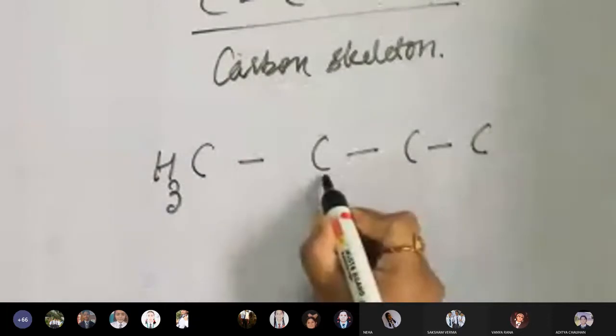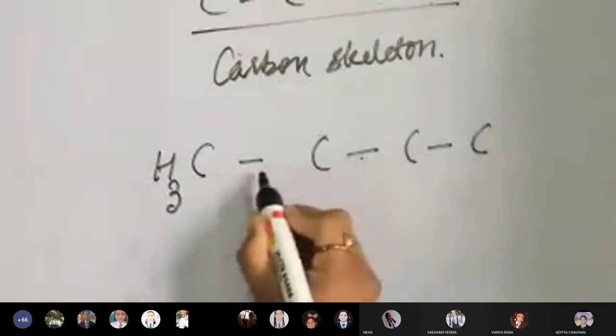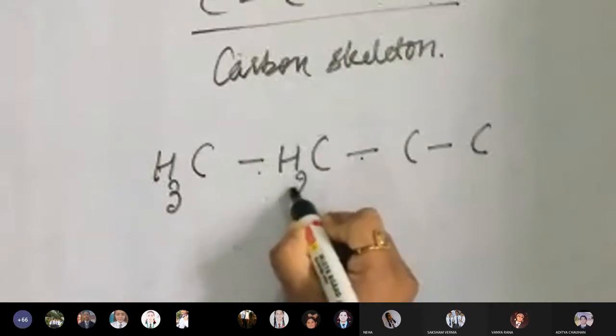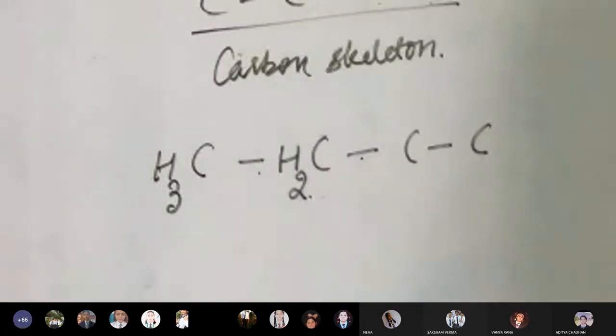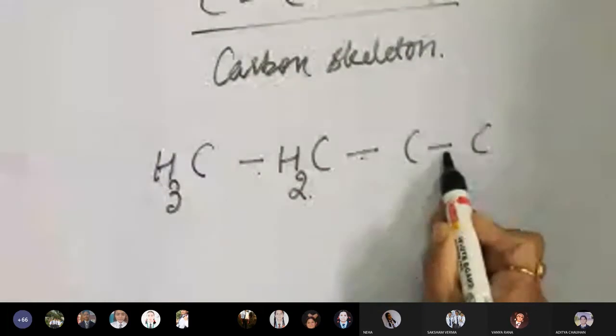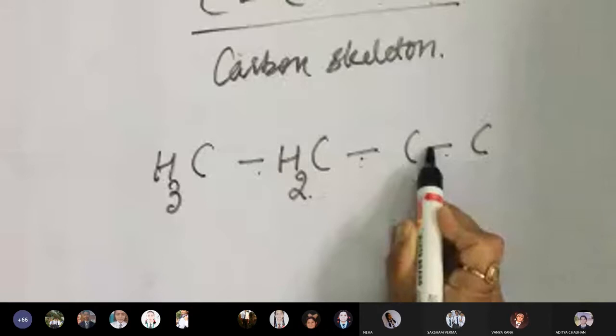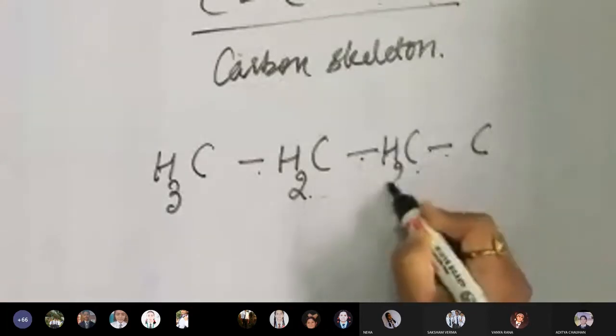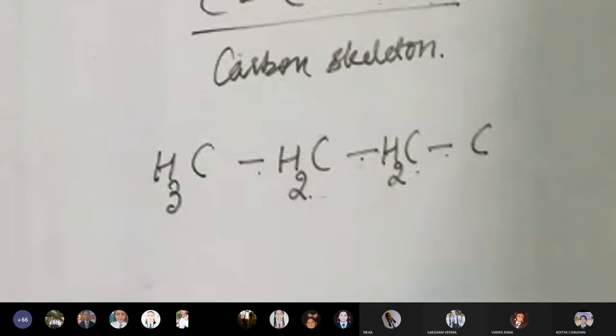Here this carbon has one bond on each side, and it has to make 4, so it will be bonded with 2 hydrogens. This carbon also has one bond on the right and one on the left, so 2 are already formed. How many more does it need? 2. So again it will be attached with 2 hydrogens.